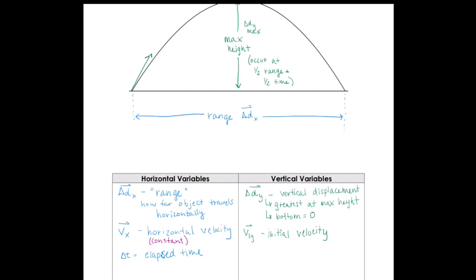So this is going to be our v1 of y. Or no, just our v1, sorry, our initial velocity. So, let me change the color. The velocity of the launched object is going to be our v1.